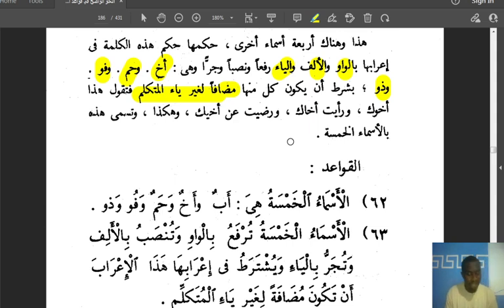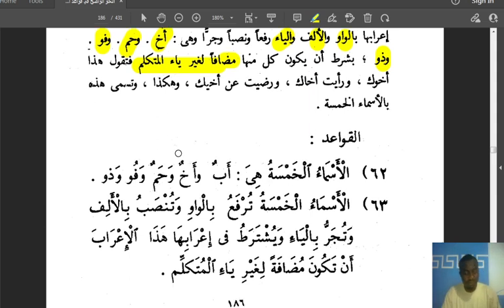In the ruling, as we've already seen, you didn't need much explanation. You just need to know that the Asma'ul Khamsa, whenever they come, they come as mudaf but not attached to ya al-mutakallim. If they come individually, not as a mudaf, then it is not part of the Asma'ul Khamsa.